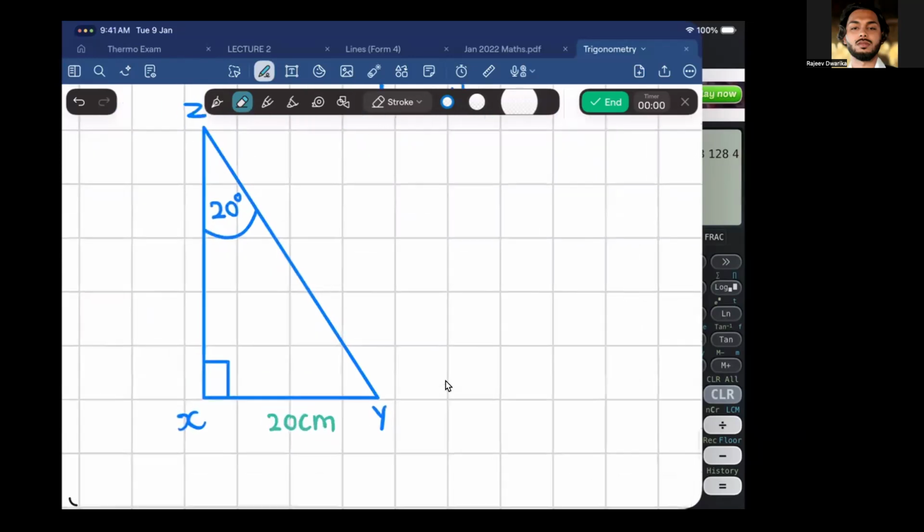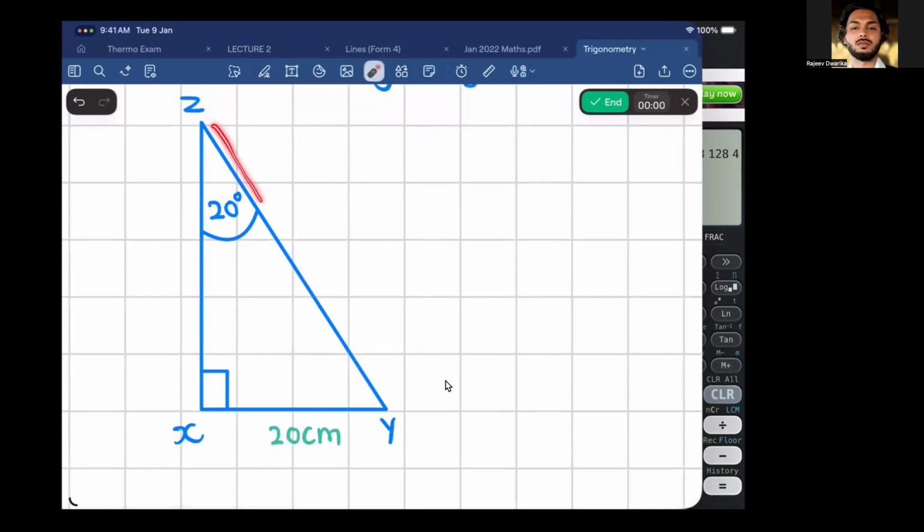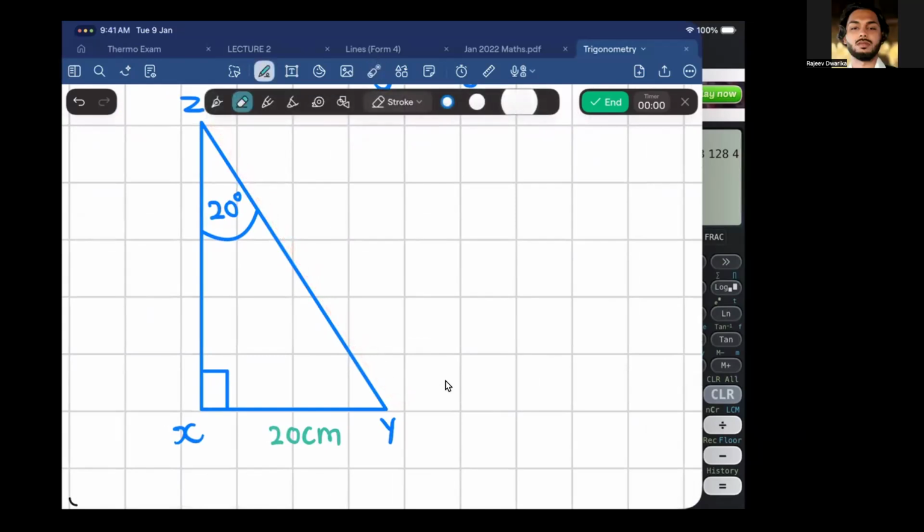All right, so Simran, let's label our sides. What would this side be? The hypotenuse. Right, this is the hypotenuse. What would this side be? The adjacent. Right, and this side? The opposite.